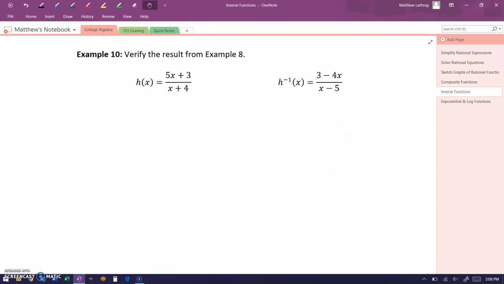In order to test this for our results from example 8, we can look at first evaluating h of h inverse, meaning we'll evaluate our function h for 3 minus 4x over x minus 5.